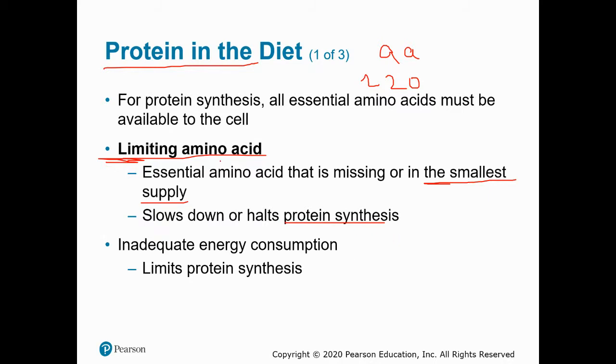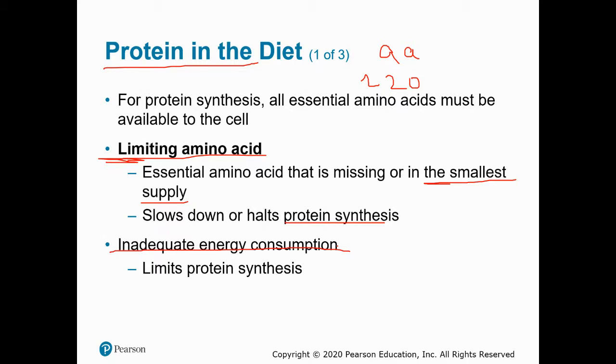Limiting amino acids can typically come about from inadequate protein intake. You might see this more commonly in somebody who follows a plant-based diet, because some plant foods are limited in certain amino acids, whereas animal flesh or eggs or milk generally has a pretty good supply of all of the essential amino acids.